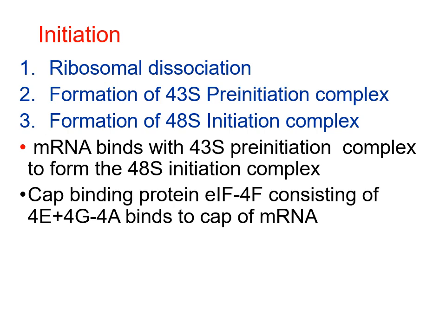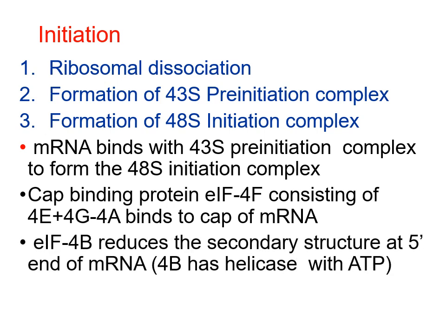This cap binding protein is nothing but the eukaryotic initiation factor 4F, which in turn consists of three initiation factors, that is 4E, 4G and 4A. In this, 4E is important for binding of the cap binding protein to the cap of the mRNA molecule.